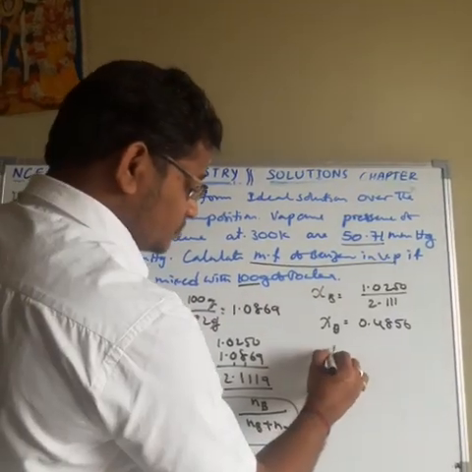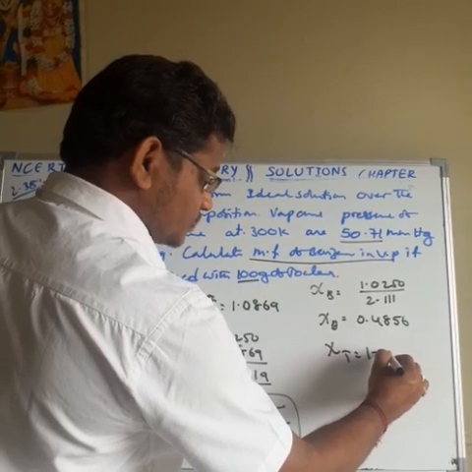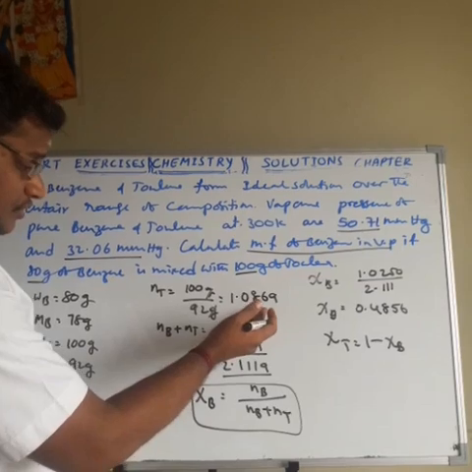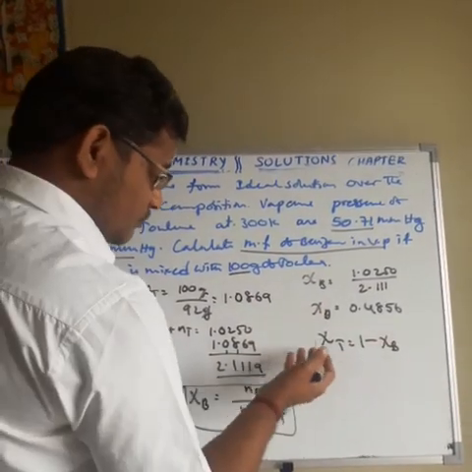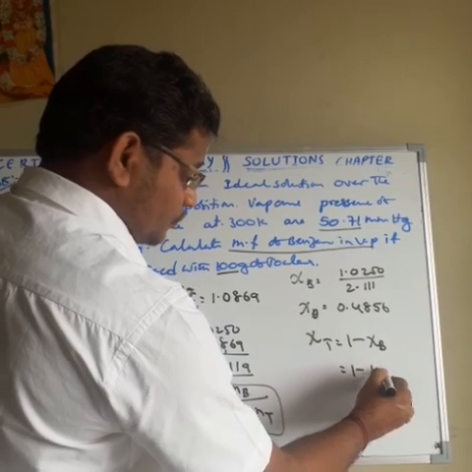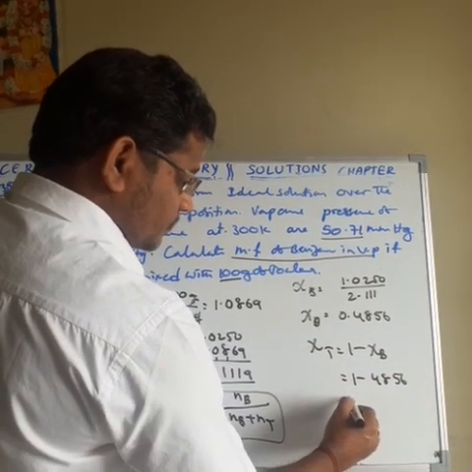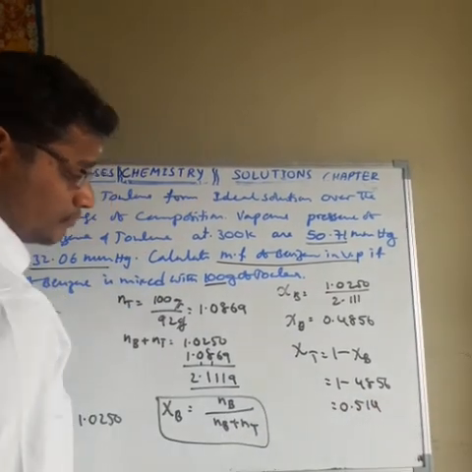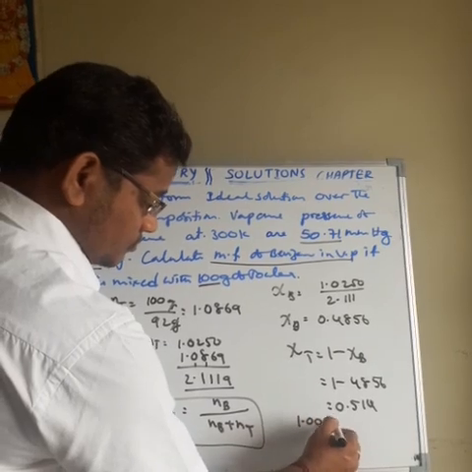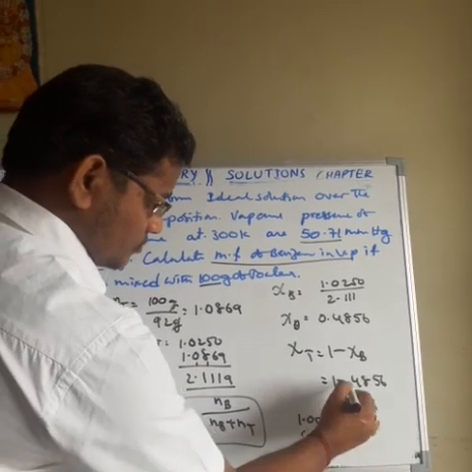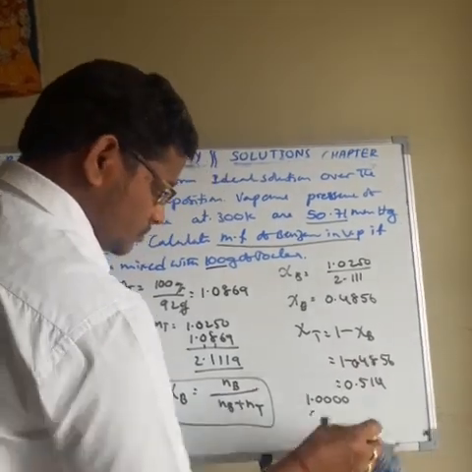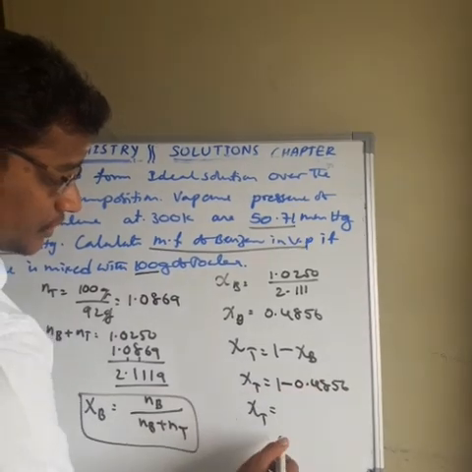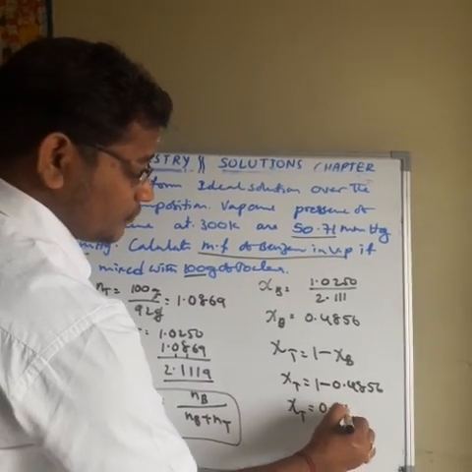Then the mole fraction of toluene means 1 minus mole fraction of benzene. Otherwise, take number of moles of toluene divided by total number of moles, the same value will come. 1 minus 0.4856, its value is 0.5144.